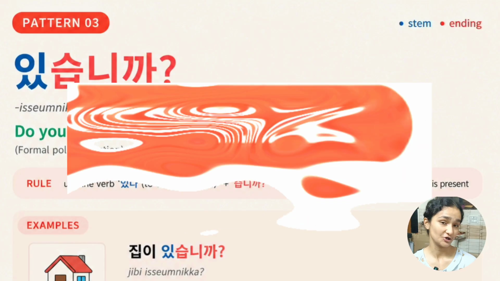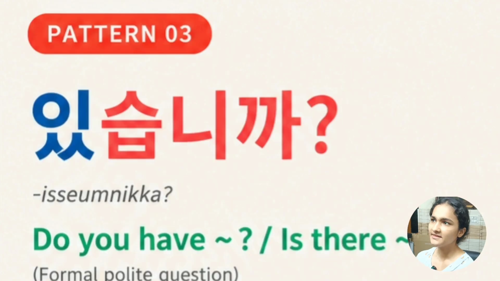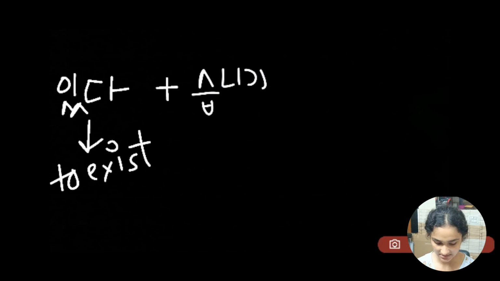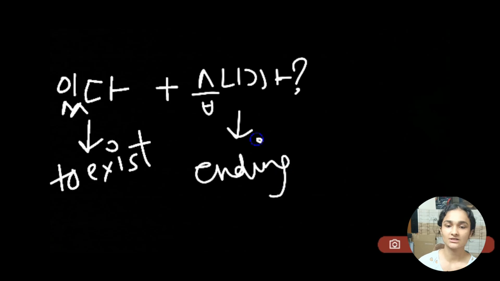Okay, moving on to the third one, which is 있습니까. 있습니까 is a formal question sentence ending. It is made up of 2 words. The first is 있다. What is 있다? 있다 is to exist. The 있습니까 is the ending that you see in every other sentence ending.